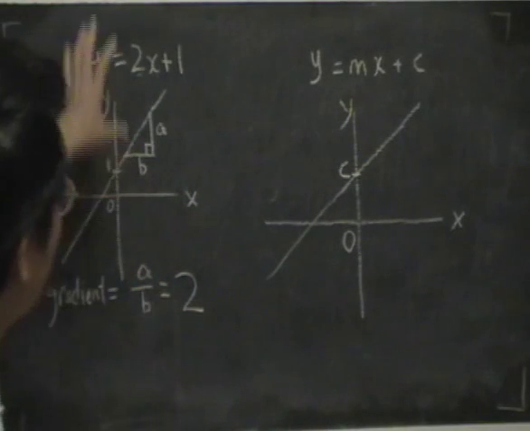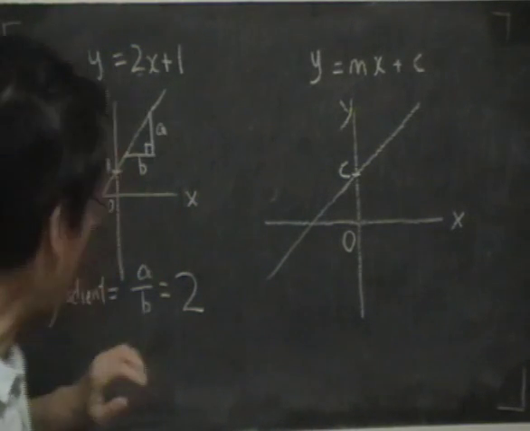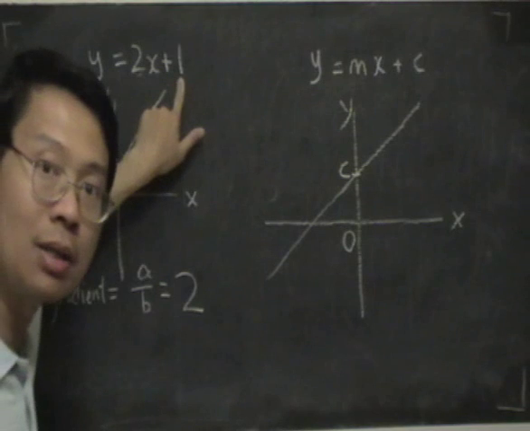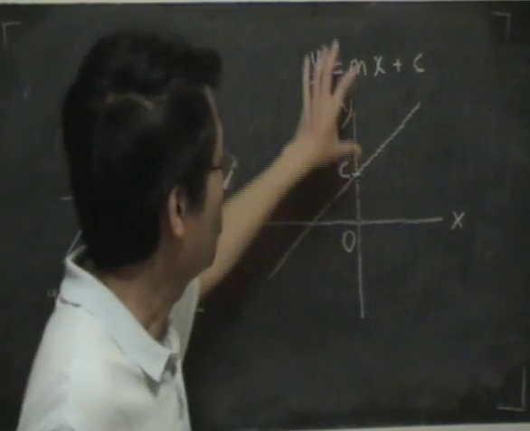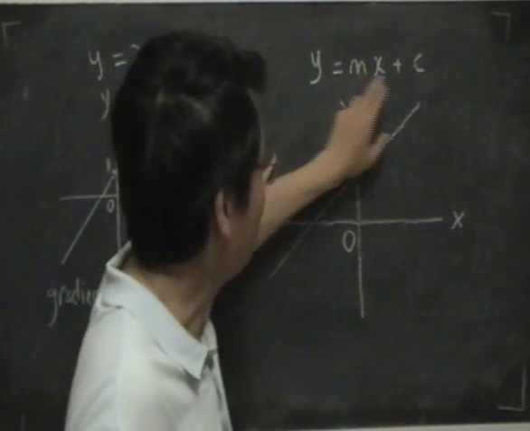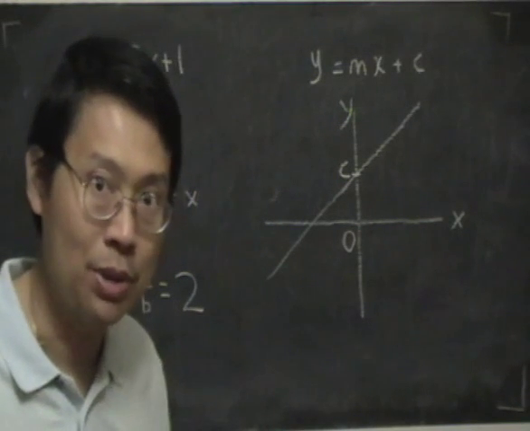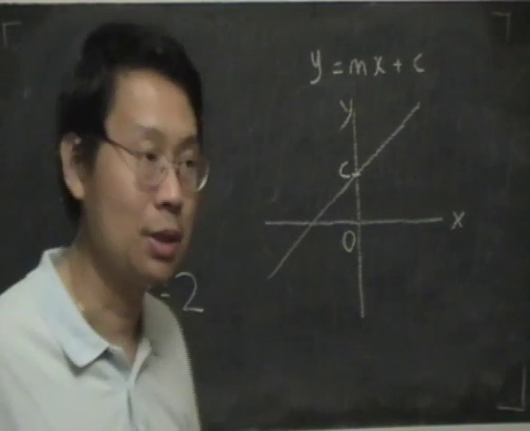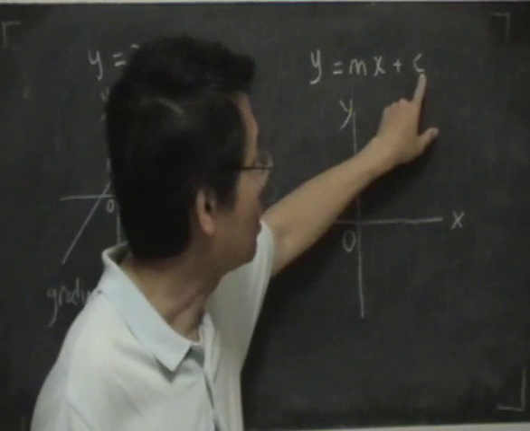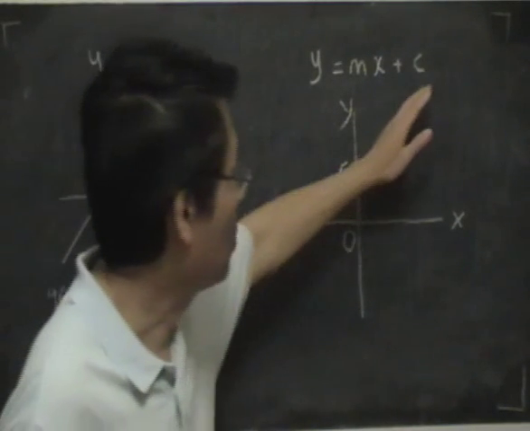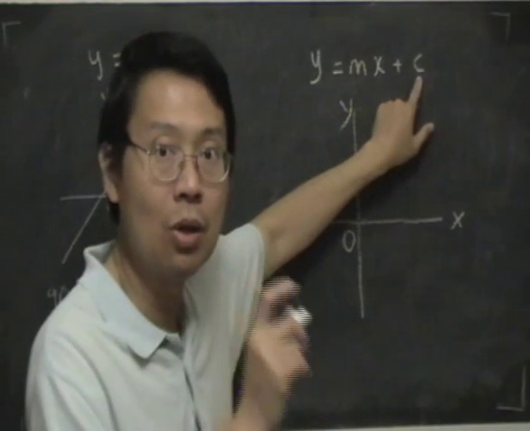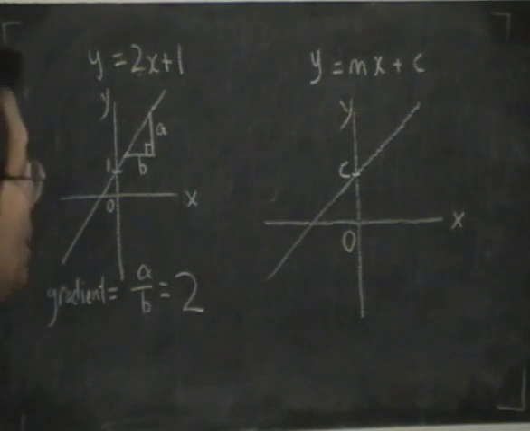Just as in this equation where I have a 1 there, this straight line cuts the y-axis at 1. So if m and c are some numbers like 1, 2 or 10 or 20, whatever that number is in the place of c, the graph will cut the y-axis at that number. Okay, so that's the c.